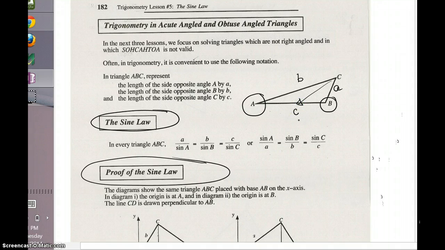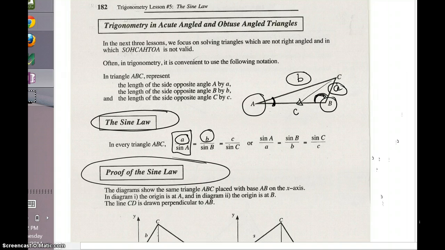Now the sine law is such that we set up a ratio. The ratio is this. If I take A, which is the side opposite the angle A, and that's what I've got up here, I can set it up as a ratio, and I know that it is equal to B, which is the side, divided by the sine of that angle.